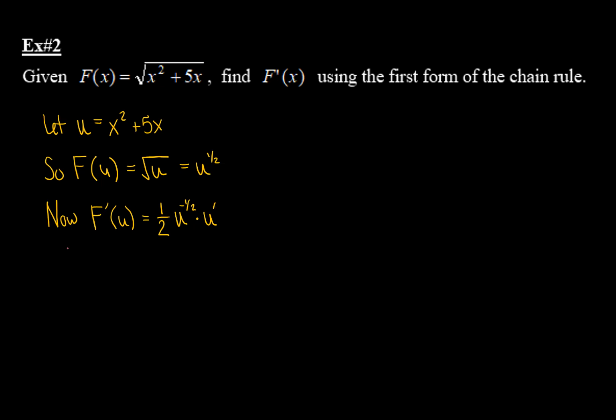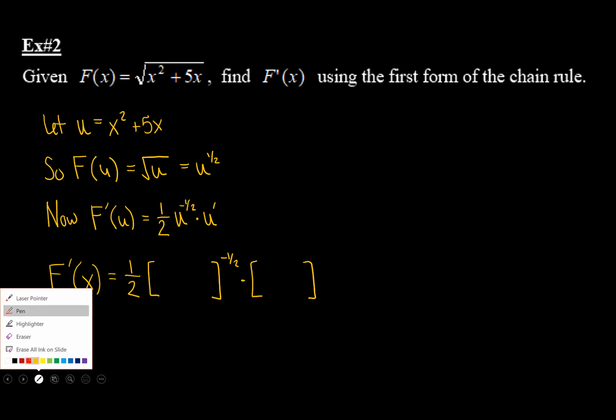Well, in order to plug that in to find my value of f prime of x, I'm going to need to substitute in the values I have back for that u.